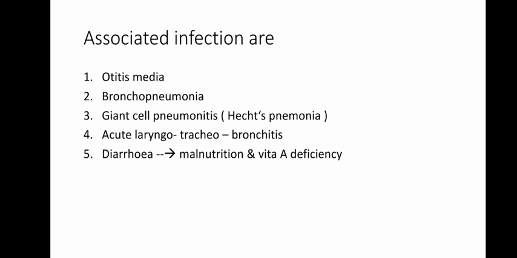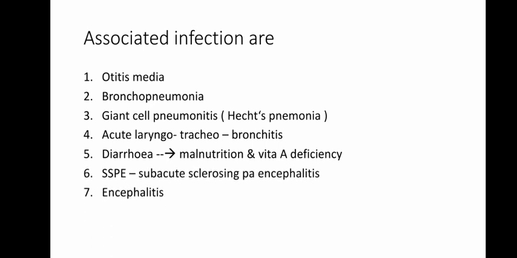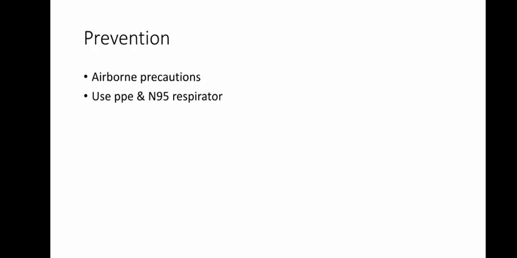Diarrhea leads to malnutrition and vitamin A deficiency in children under 5, and SSPE, that means subacute sclerosing panencephalitis, and encephalitis. How to prevent? It's airborne transmission, so use airborne precautions, PPE, and an N95 respirator.